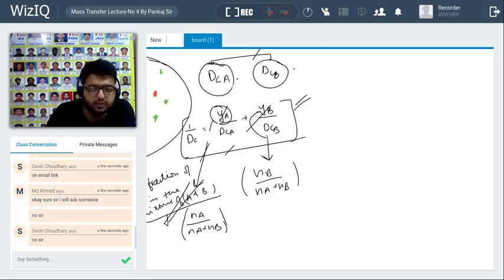First, you need to remove air from the mixture, then the remaining two compounds, that is water and ethanol. In that mixture, you need to calculate YA and YB individually, and then you need to calculate the effective diffusivity from those mole fractions. Got it?